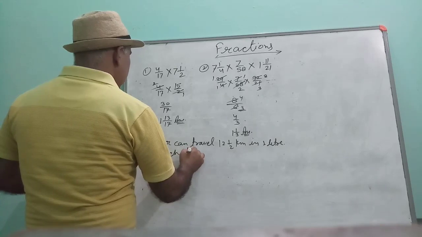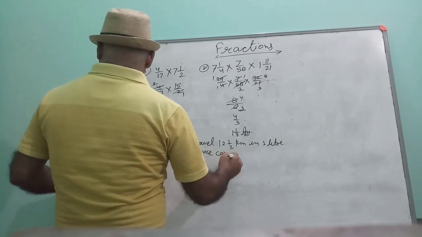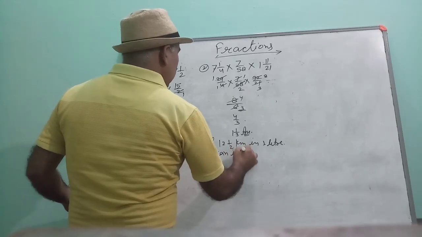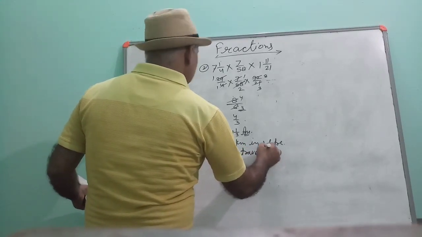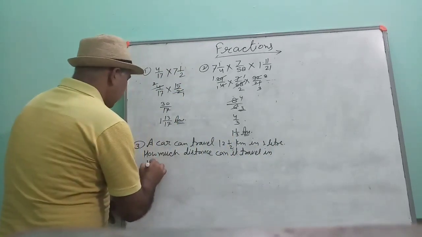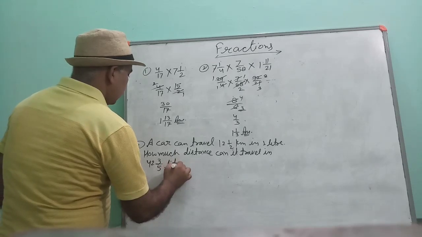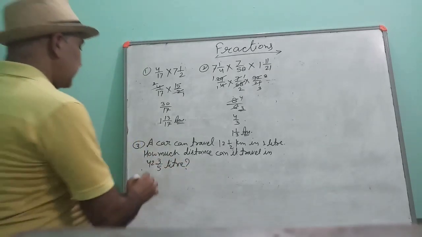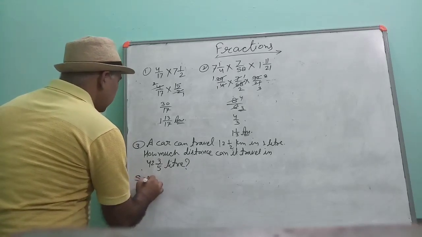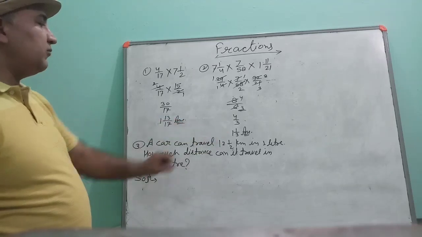How much distance can it travel in 42 into 3 by 5 liter? Understood the question? A car can travel 12.5 kilometers in 1 liter.